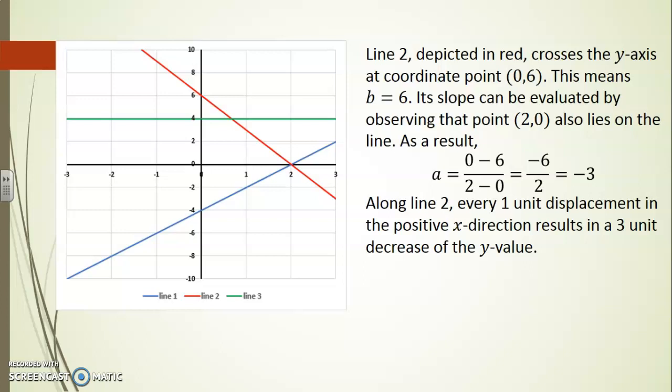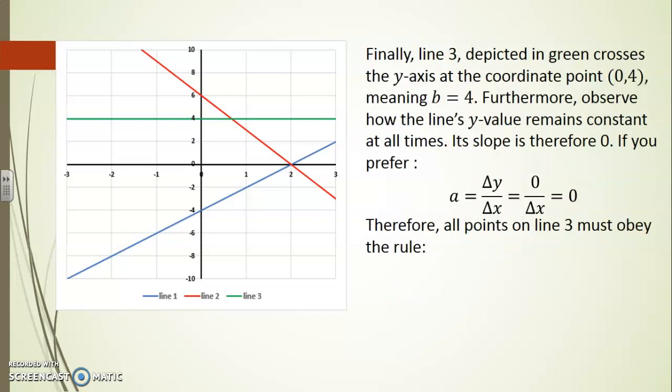This means that every 1 unit displacement in the positive x direction will result in a 3 unit decrease of the y value. With an a of minus 3 and a b of 6, the line's equation is y equals minus 3x plus 6.